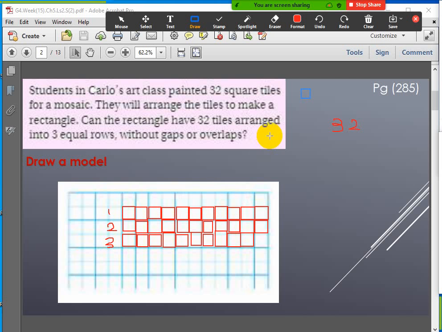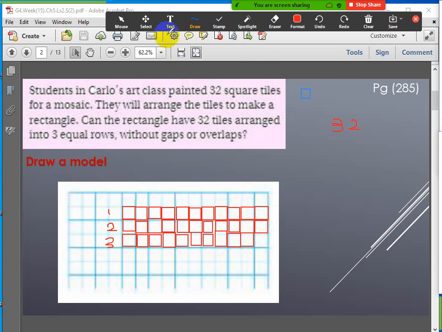So we arranged those three rows and divided the 32 on three rows. But look, the three rows are not equal.